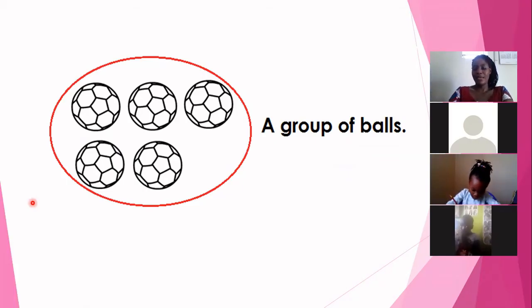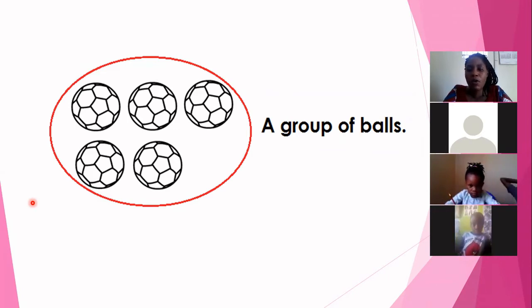Naming, example 2. If we don't use the word set, we use the word group. As in our definition, pupils, we said a set is a group. So sometimes they use the word group.